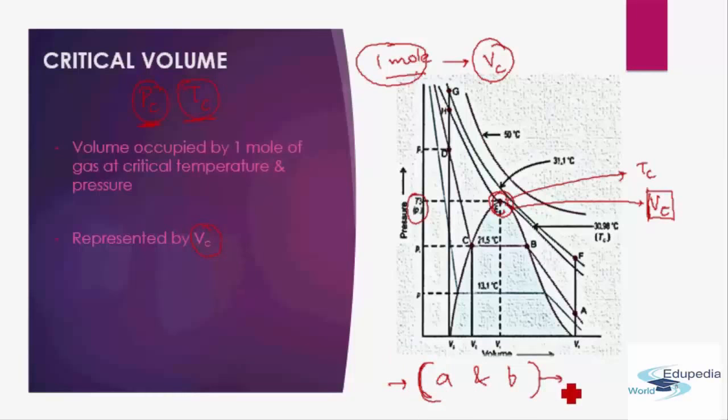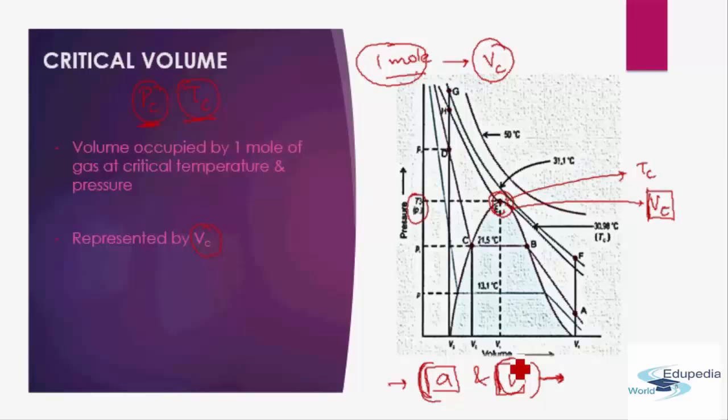When you look at those formulas, you will see that critical volume depends on the value of b, whereas critical temperature and pressure depend both on a as well as b. And that is why we can say that this critical point and the variables at critical point are characteristic of a gas, because their values depend on a and b, which are called van der Waals constants and which are characteristic property of a given real gas.